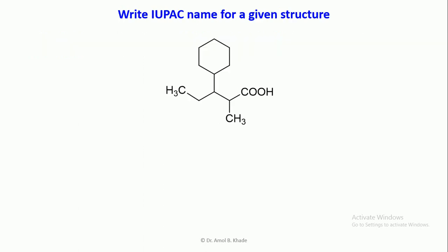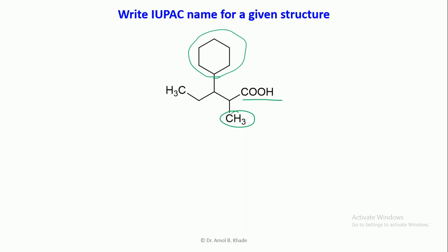If you understood all these rules with the explanation using some suitable structures, I think you should be able to write the correct name for this structure. You can see the carboxylic acid functionality is here. Then you can easily make out there is a substituent here, and this is a cyclohexane, also referred to as a substituent.